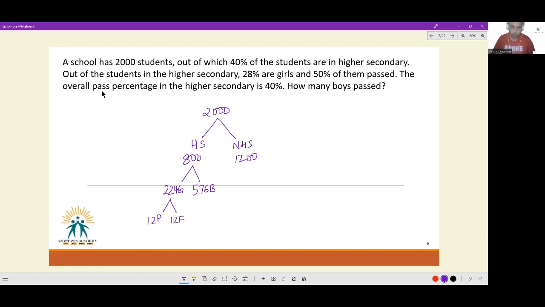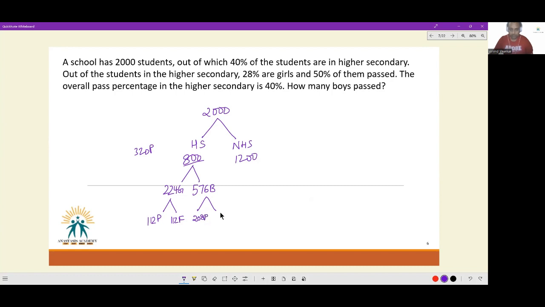But we are also told the overall pass percentage in higher secondary is 40%, which means out of higher secondary, 320 have to pass. Out of these 320, 112 are females that are passing. So the boys that should be passing should be 208.